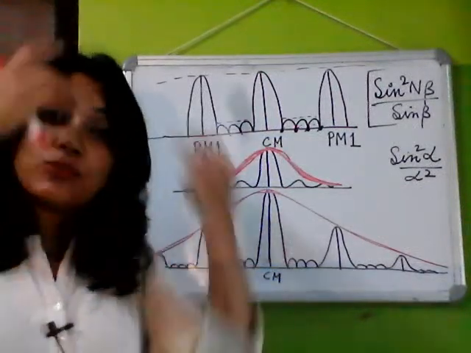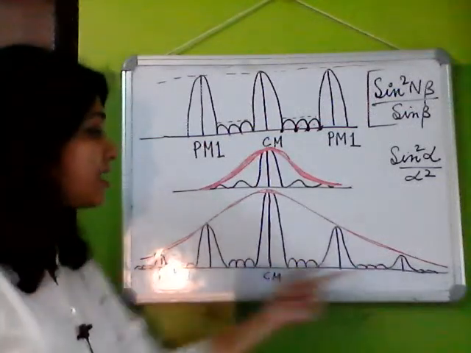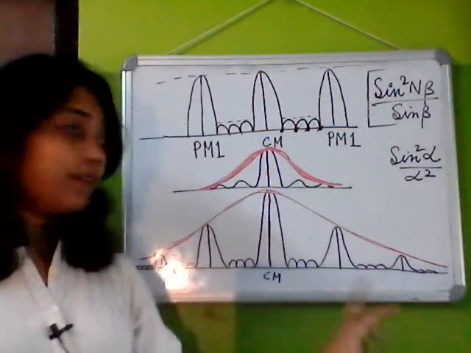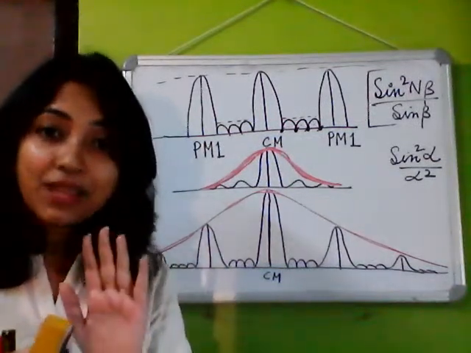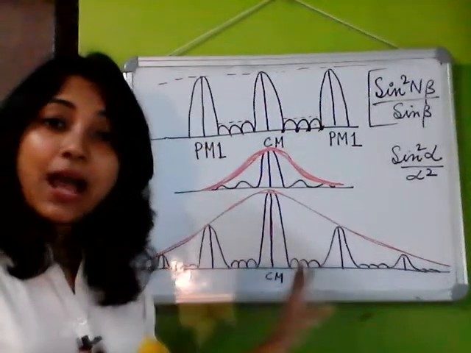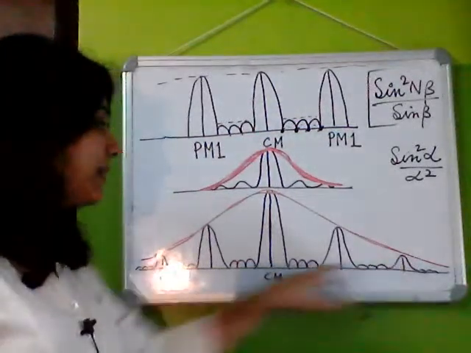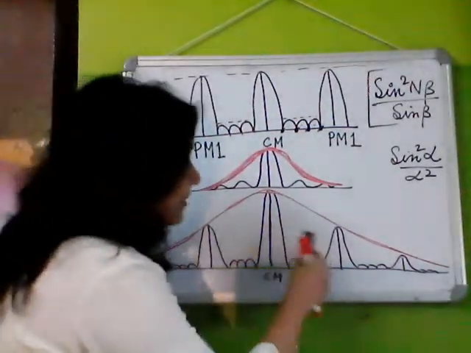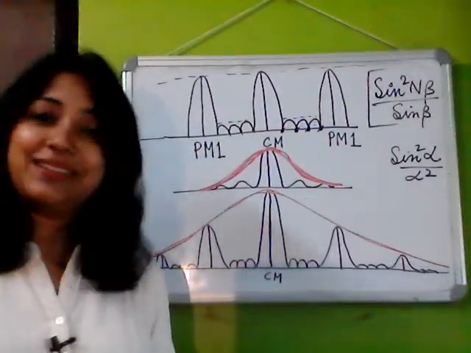And again, going back to the intensities of the secondary maxima, if this n is very large, here this picture that you all can see, remember, we have drawn this entirely on the basis that n is equal to only 5. Right, so we have had 3 secondary maximas, 4 minimas. However, when this n is very large, say n is equal to 500, what will be the effect? These secondary maximas will not even be visible to us on the screen.